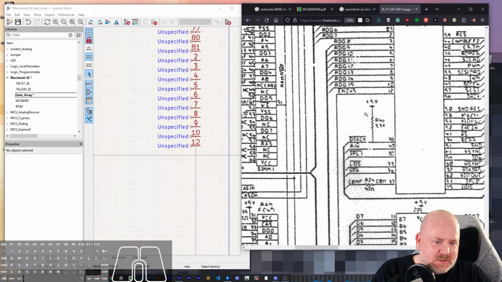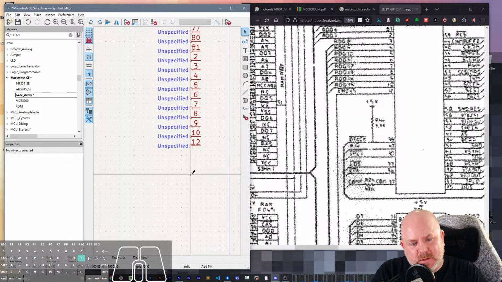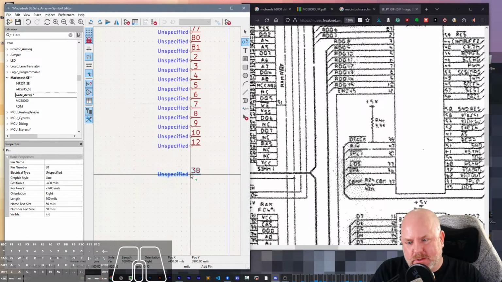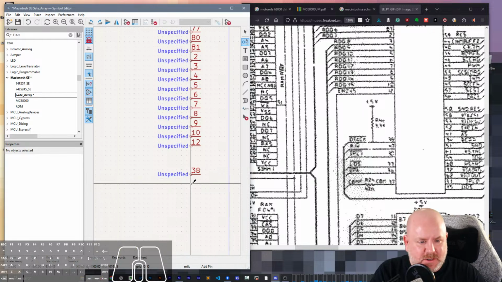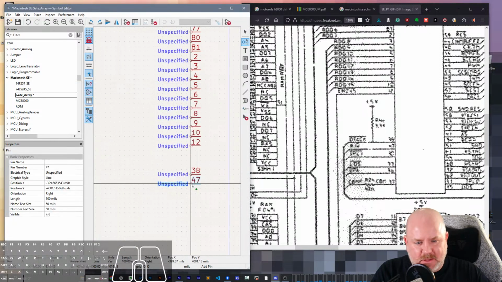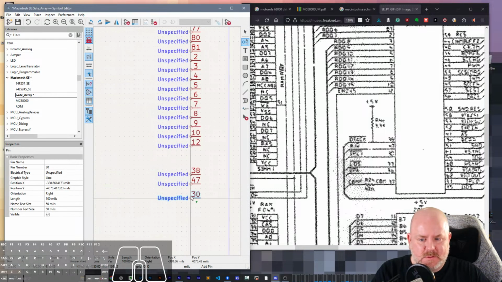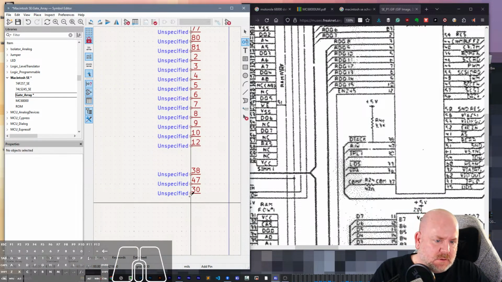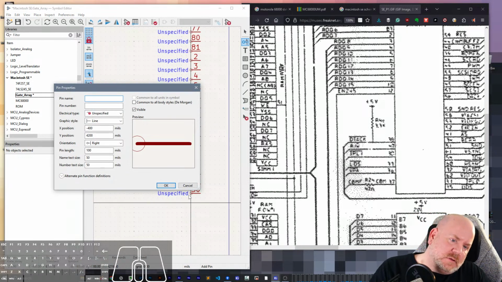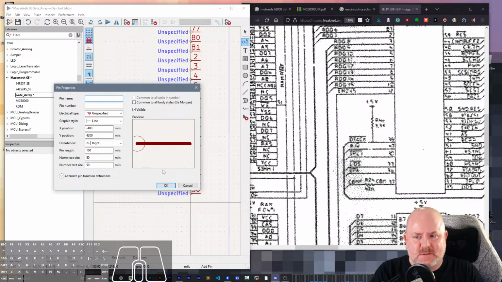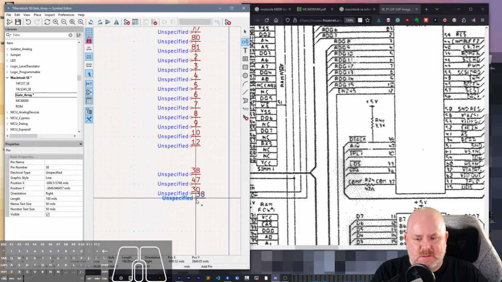All right. And then I'm going to do this for the moment. I'm going to do, because I want to try to line these up, and I think I've got an idea of how to line them up, but I want to get them created first. I think this is 38.